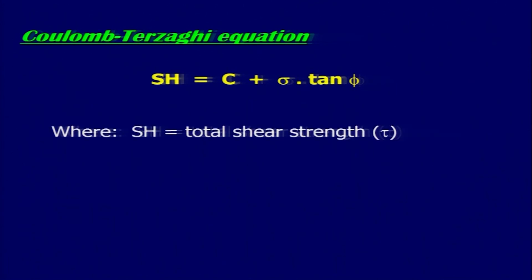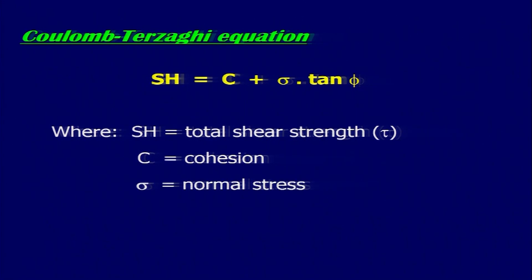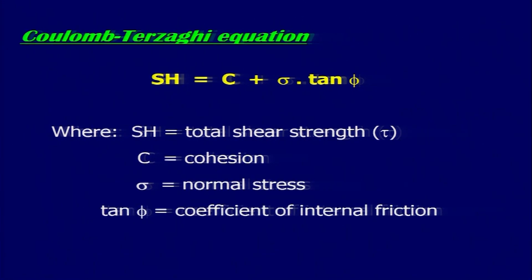Now coming to this equation, the Coulomb-Terzaghi equation is usually taken into consideration when we are talking about the shear strength, where S is the total shear strength, either you say tau, C is the cohesion, sigma is the normal stress, and phi is your coefficient of internal friction.